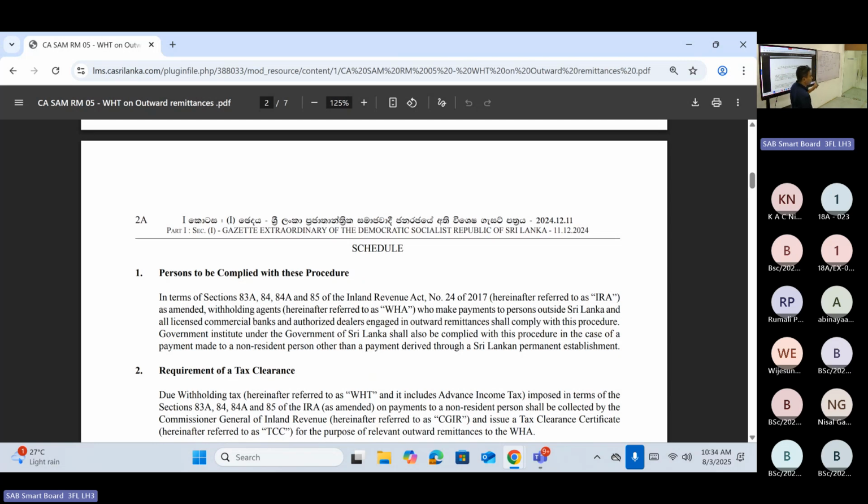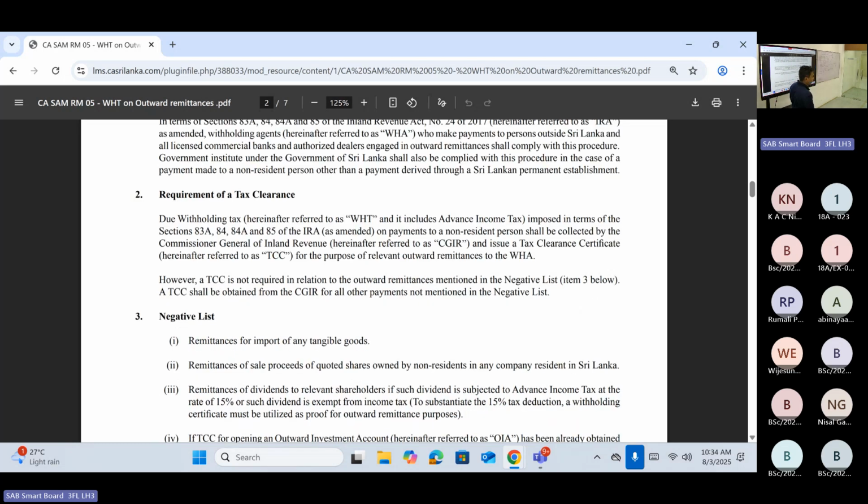That clearance is one thing, and the withholding tax certificate is something else, right? It's two things. They give a tax clearance certificate. It says they have already paid tax in Sri Lanka, so you can make the remittance. That direction is given to the bank and the dealer, not the taxpayer, not the person making the remittance. The remitter is making that application, right?